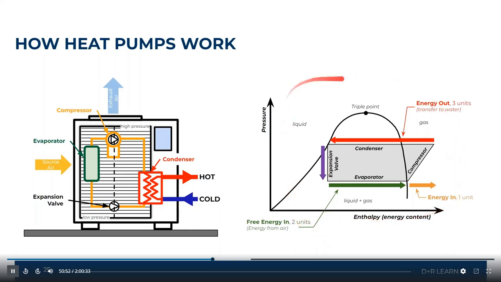So this diagram here is the same thing going on here. You just have air source, which is this, and water source, which is here. And we'll jump into those different sources when we talk about the types of heat pumps available shortly.